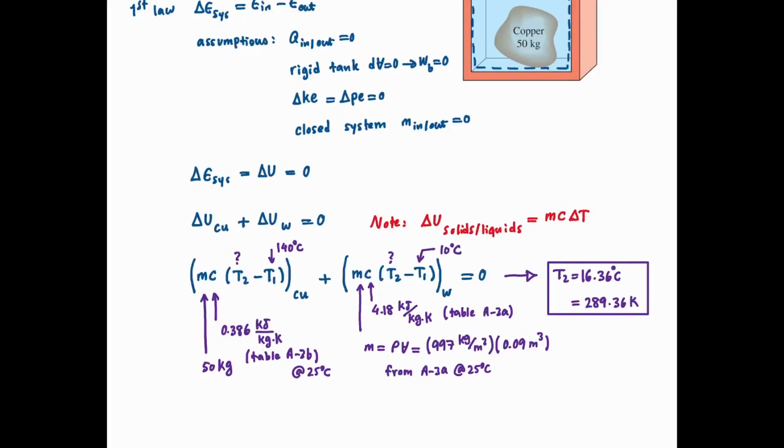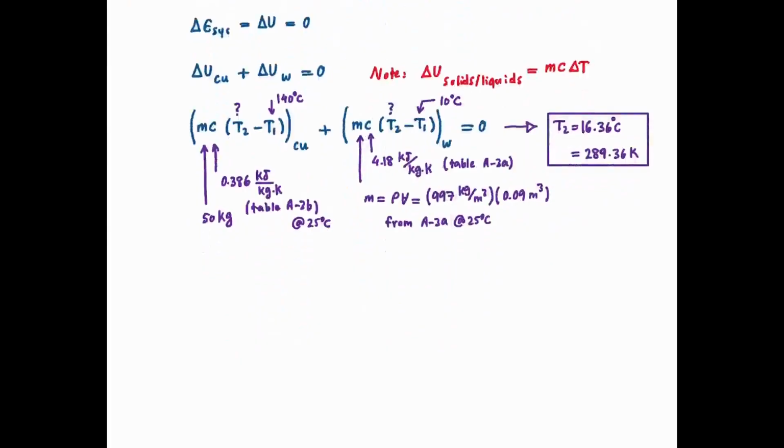Next step, we're supposed to solve for entropy change. Entropy change of total system equals entropy change of copper plus entropy change of water. And we're going to use this equation for change of entropy per mass in solids and liquids: integral of C dT divided by temperature, or specific heat at average temperature times natural log of T2 divided by T1.